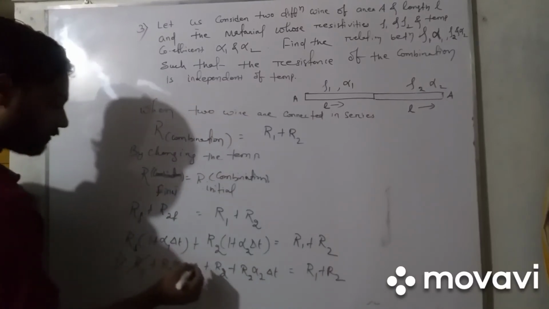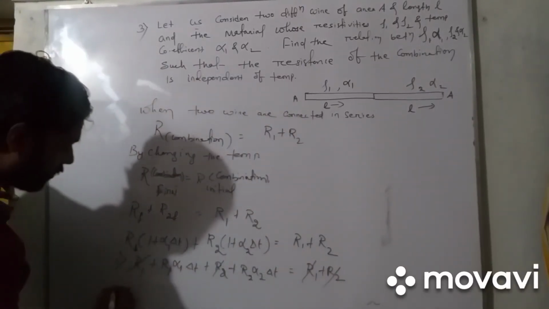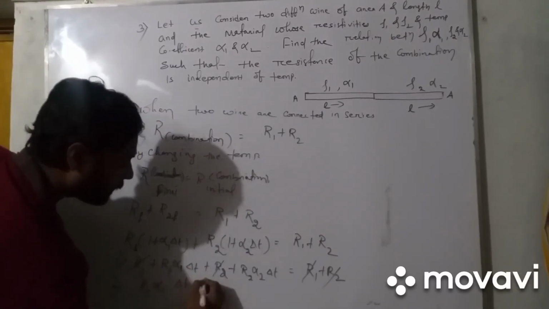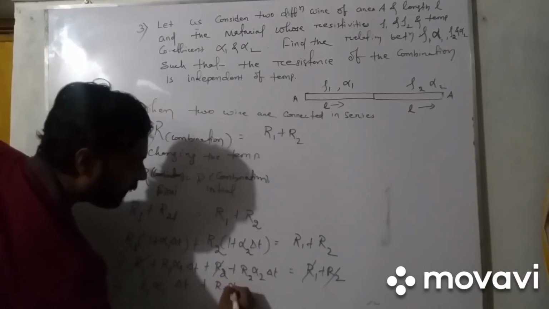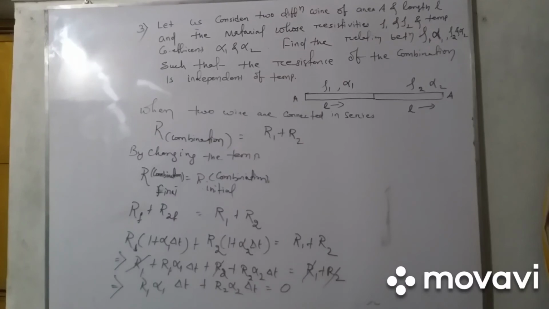So R1 and R2 cancel out. So R1 alpha 1 delta plus R2 alpha 2 delta is equal to 0.